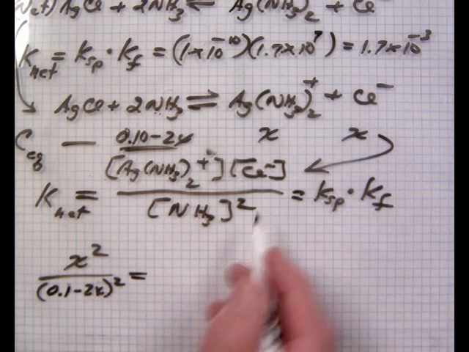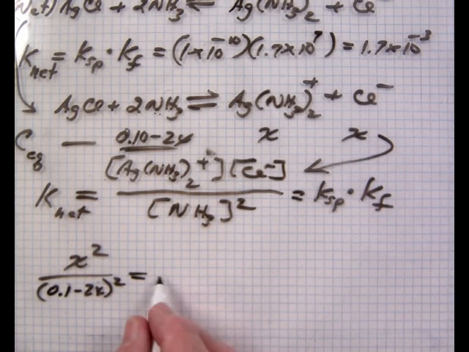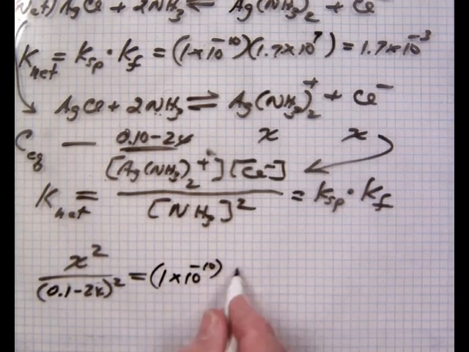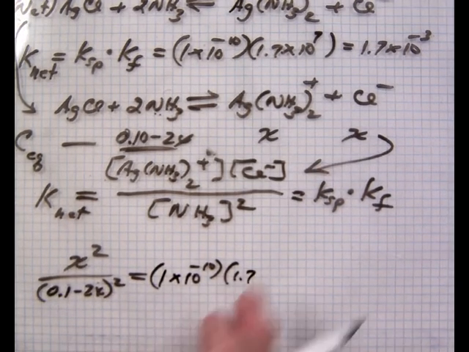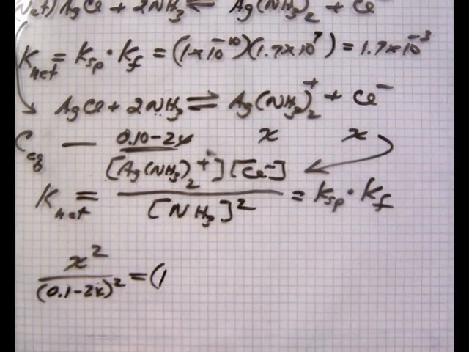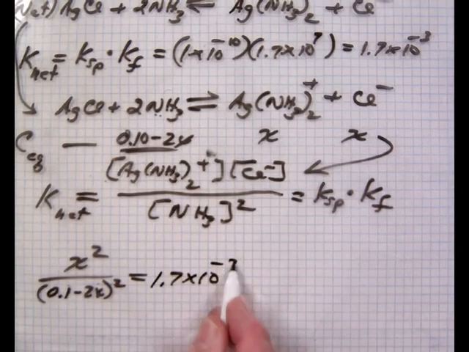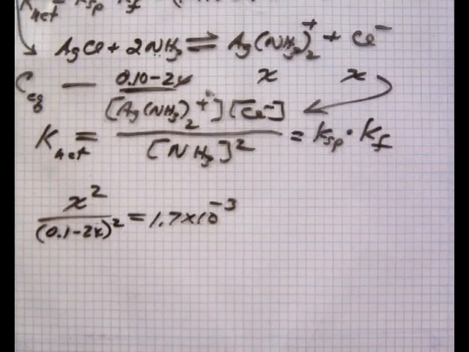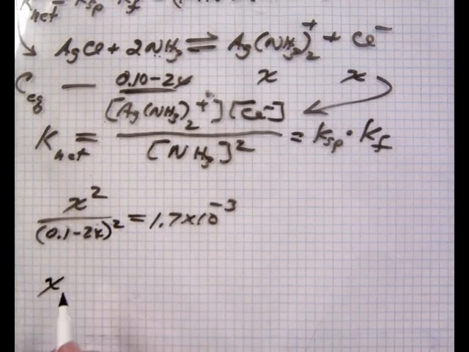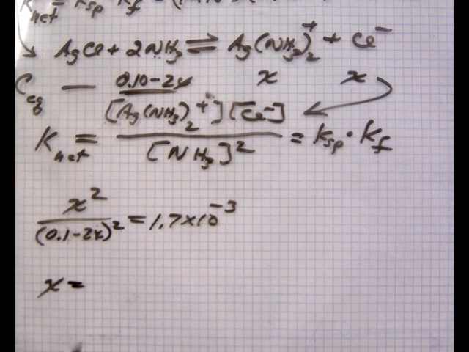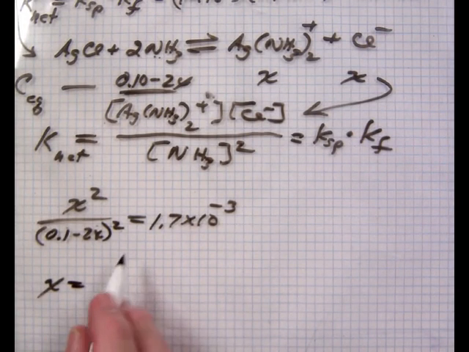That's why I don't go to cubes and stuff like that, because we don't have time to go through polynomial solutions. So KSP times KF, that's 1 times 10 to the minus 10 times 1.7 times 10 to the 7. I already did it, didn't I? So that's 1.7 times 10 to the minus 3. We're closing in on it. X will represent the solubility of the silver chloride in the presence of the ammonia.